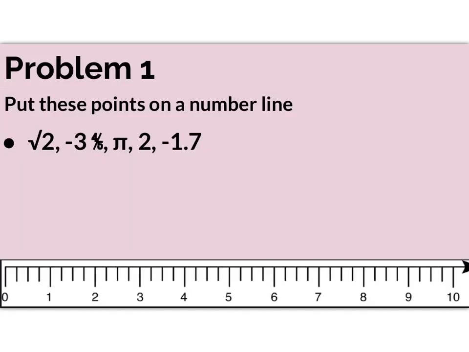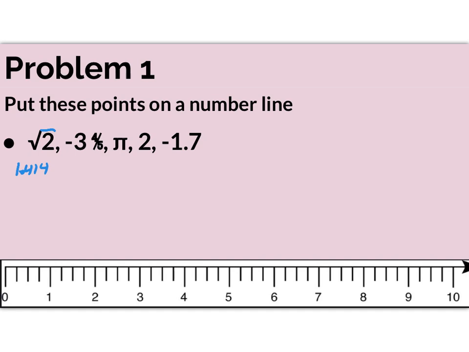Okay, the first thing we do when we have numbers that are in fraction form and all that kind of stuff, we transfer all of them to decimal form so that we can compare them. So the square root of 2 is 1.414.